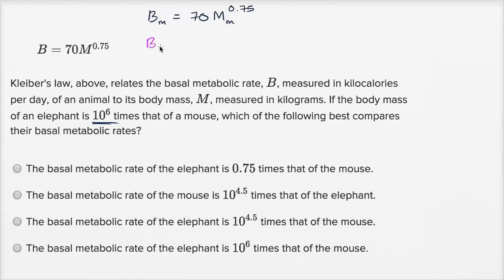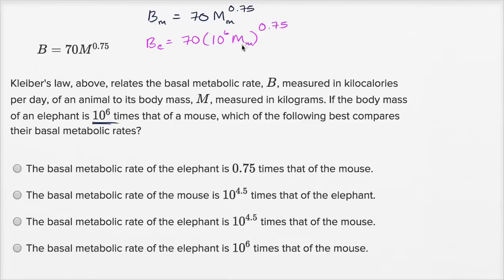Well, it's going to be 70 times the mass of an elephant to the 0.75 power, but we know that the mass of an elephant is 10 to the sixth times that of a mouse. So instead, I could write 10 to the sixth times the mass of a mouse, to the 0.75 power.